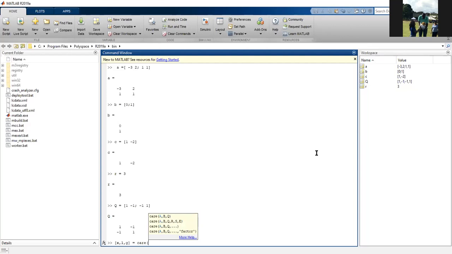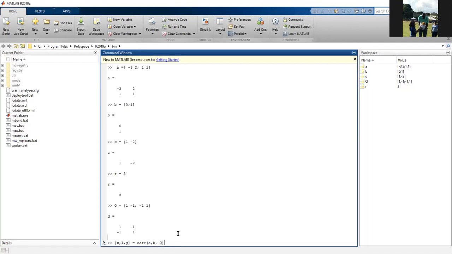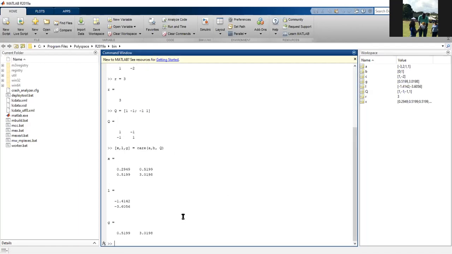And that is command A, comma B, comma Q. Until you press enter.